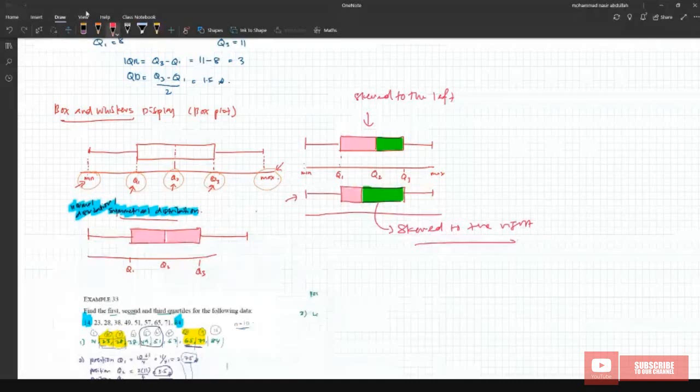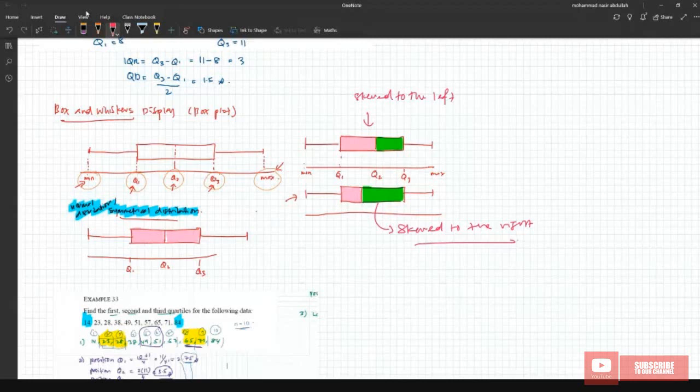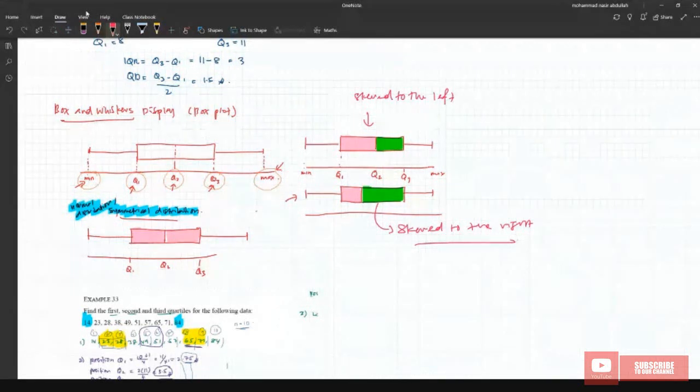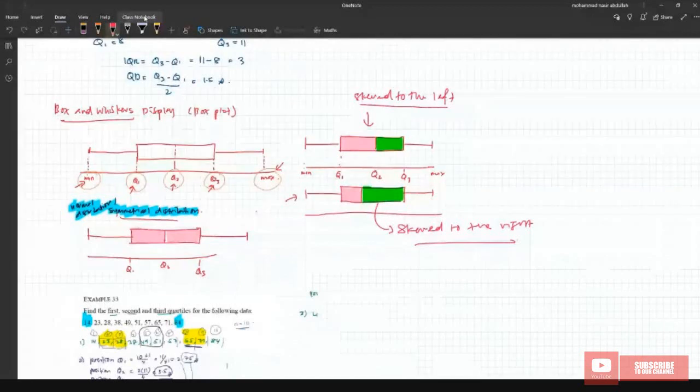Good. All right. Very good. Nabil, you correct me. So when you have the area on the left hand side larger than area on the right hand side, this is skewed to the left. And when the area on the right hand side is larger than area on the left hand side, this is skewed to the right.